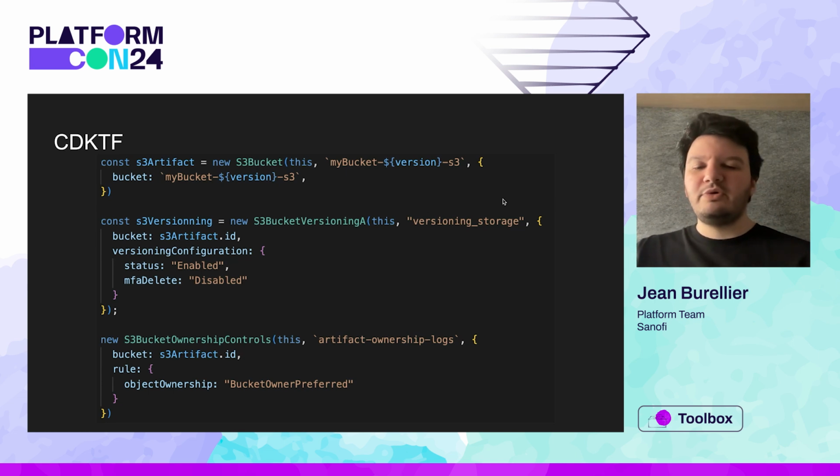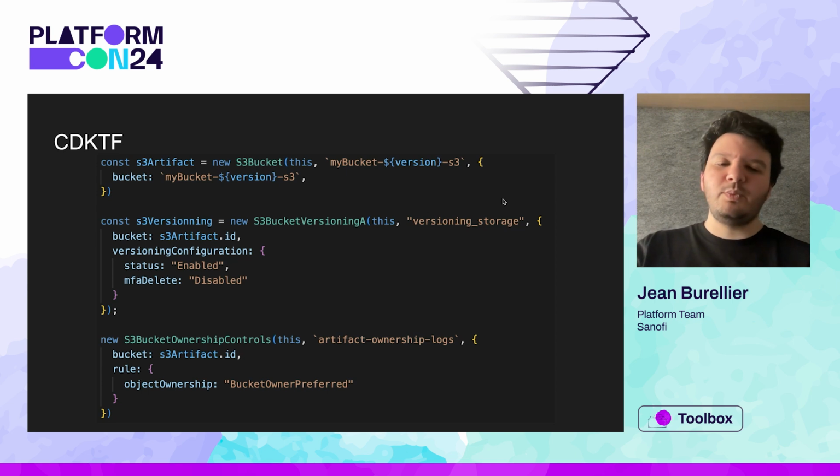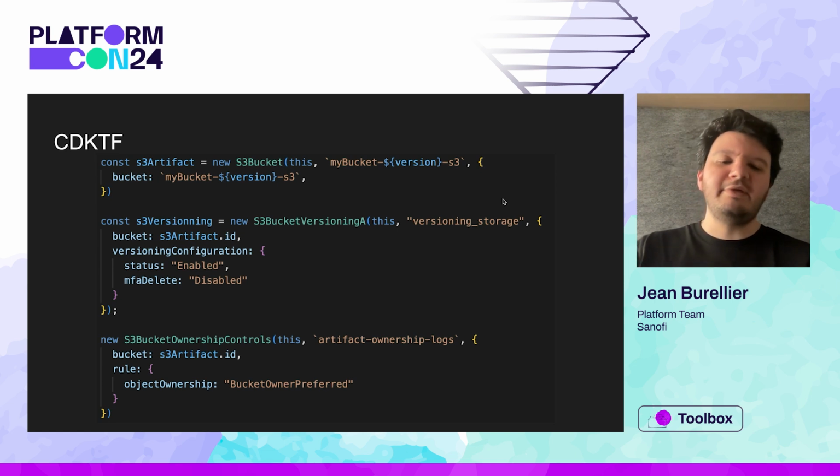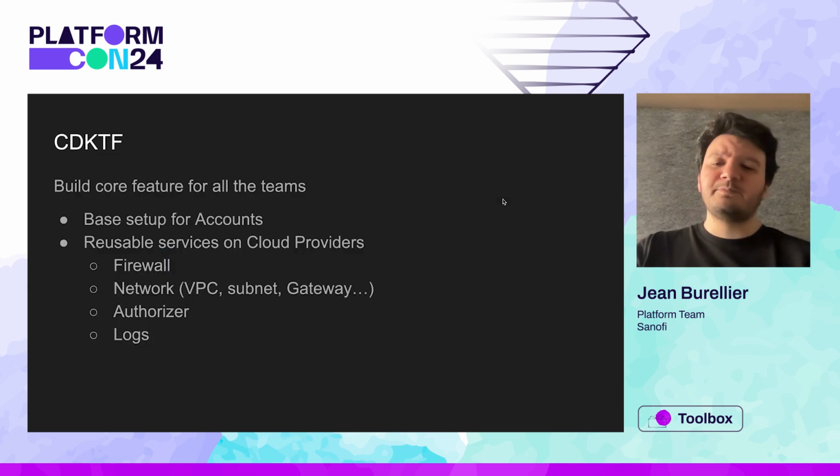Same with S3 bucket ownership control, it's just a way to configure how the ownership of every object pushed into your S3 bucket will work, basically who will be the owner. And again, even if you are not working with TypeScript on a daily basis, but are working with another object-oriented language, you are almost able to decipher that quite easily. Same if you are not really working with Terraform a lot.